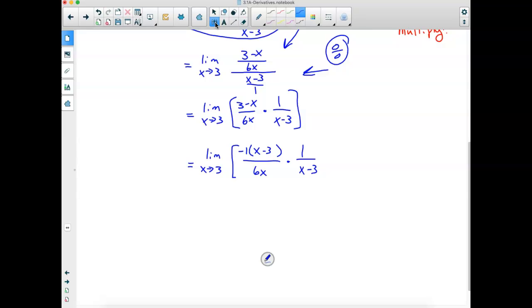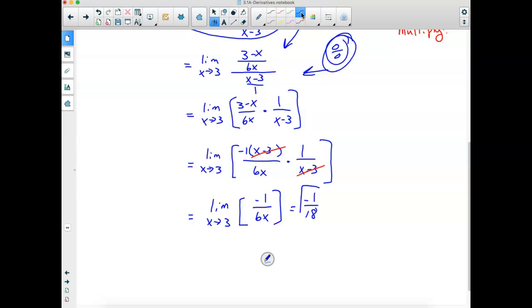Now I have a common factor. Zing, zing. Those go away. As soon as I do this reducing, this 0 over 0 is gone. So really, it's the limit as x approaches 3, and I really am looking at -1 over 6x. Well, if I apply my limit, don't I get -1 over 18?